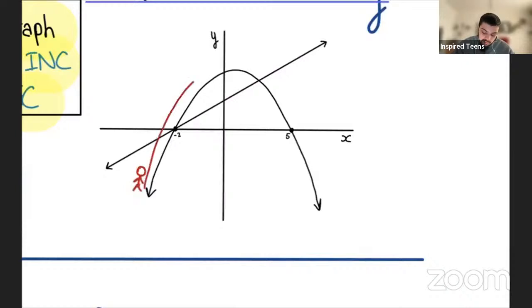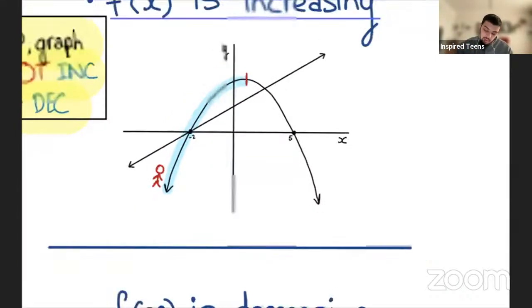Clearly you'll have to climb up until this point where it's neither increasing nor decreasing. Then you'll have to slide down. We always work from left to right. Therefore, we understand that the increasing part of the graph is right here, up until the turning point, which is somewhere there. Let's stop it here.